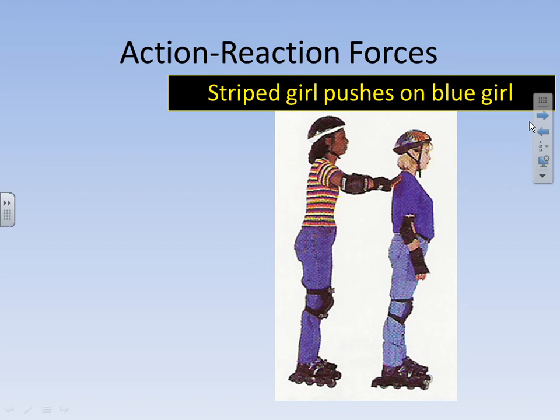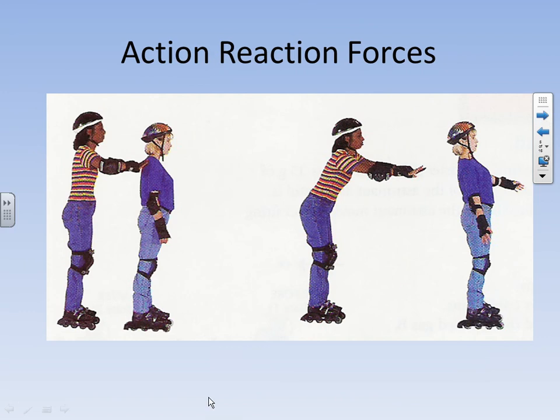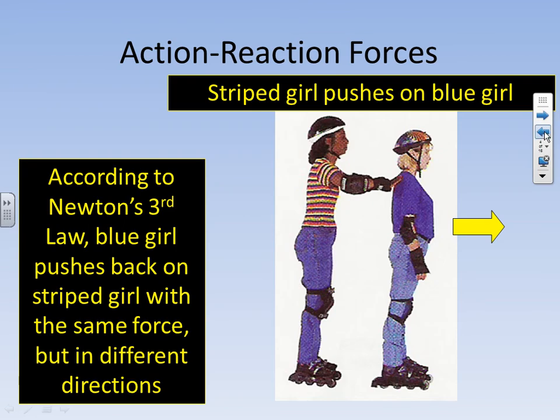But in the end, this happens: they both end up moving. This is maybe a little easier to see sometimes, like if you're ice skating, or if you're on a skateboard or something like that, where you're trying to push somebody. They both end up moving, right?